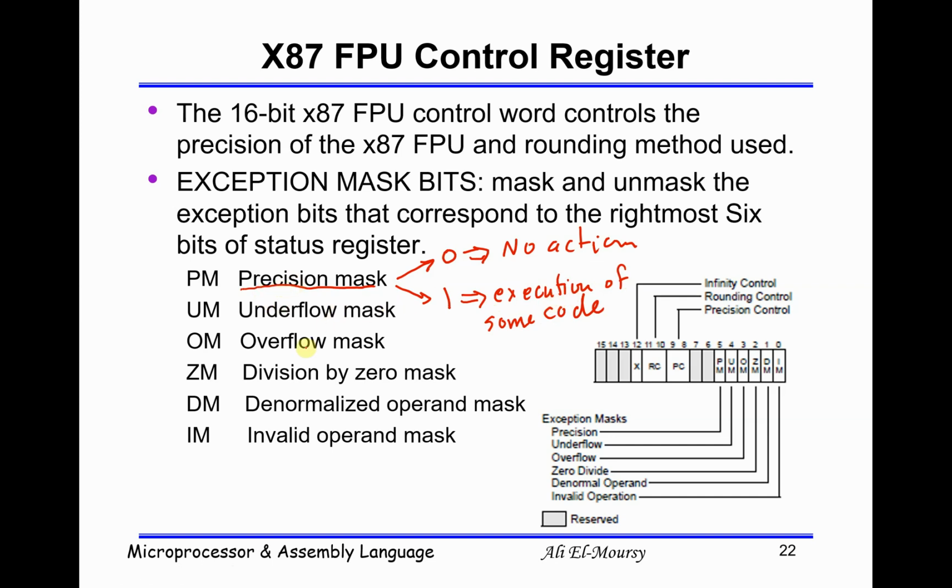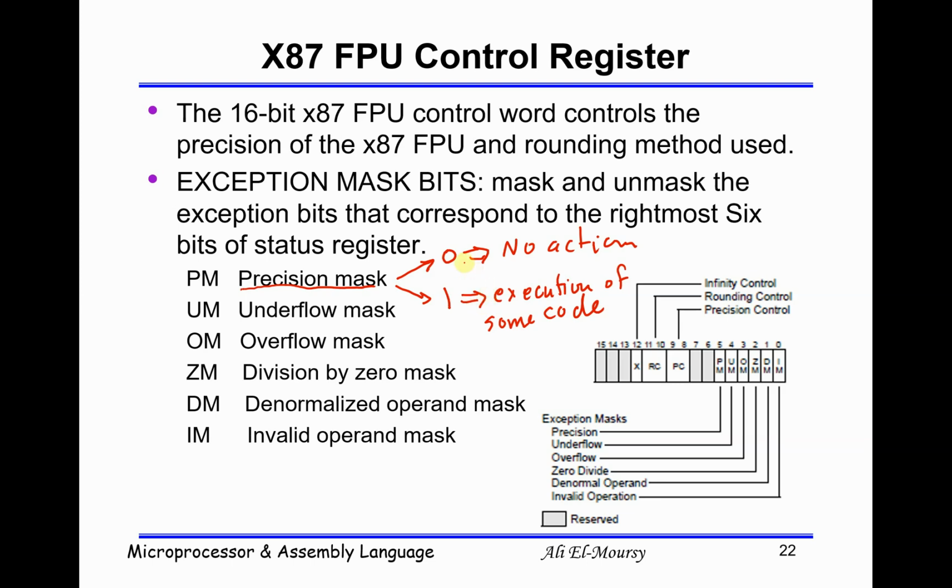If one of those 6 errors happens, the programmer or the user of the machine has the option to either set those masks to 1 or 0, in order to allow or disallow the exceptions, when they happen, to invoke some code or not. We will discuss this in more detail when we go to the interrupt chapter, inshallah, in lecture number 28.